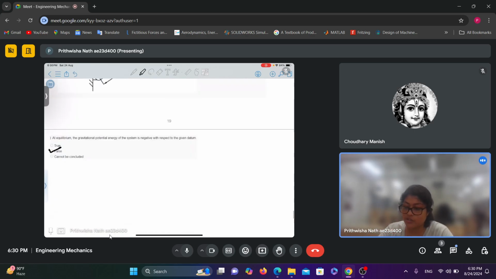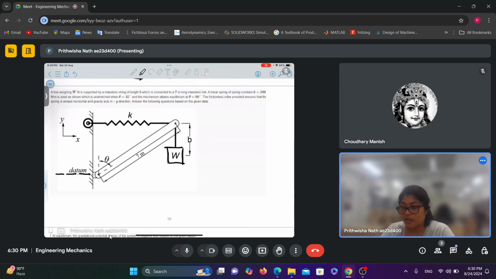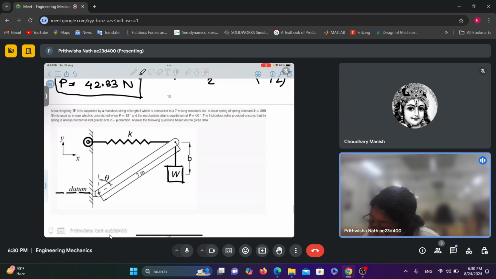For this we need to find the potential energy of the spring and the gravitational potential energy due to this weight W. It is also mentioned that the spring is unstretched when theta equals 45 degrees. Can you try finding the potential energy for the system?